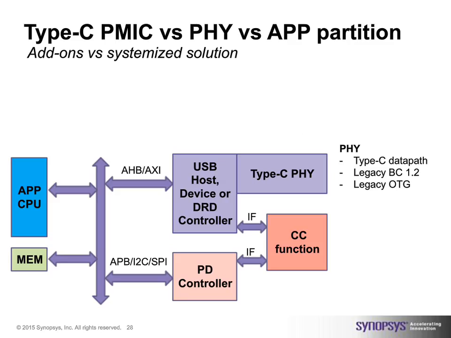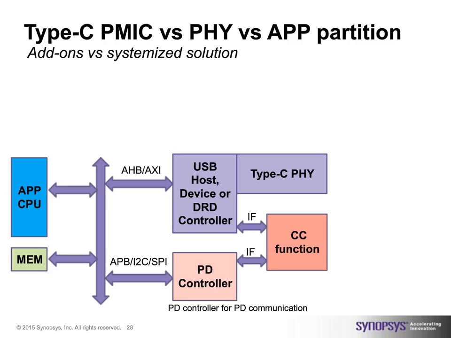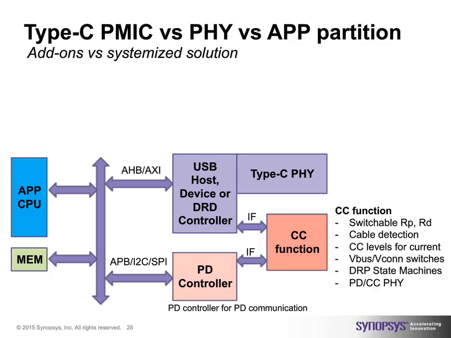There will be a PD controller and the CC function where you have your switchable resistors, cable detect, orientation detect, the high current capability signaling and detection, and your VBus, dual role port state machines, and the power delivery PHY. All of this can go really anywhere, and it really depends on your system design.